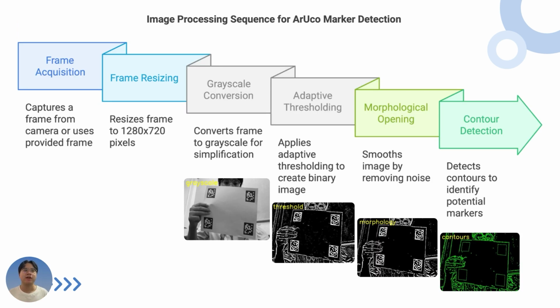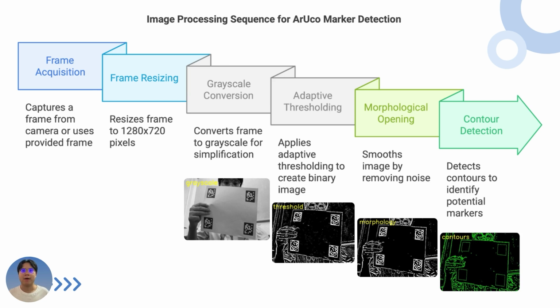Here you can see, first the app captures the frame from the camera or user. This is the provided frame from any camera the user chooses, and then we resize the frame to the size we want, and then we convert the frame to grayscale for simplification, as I said. After we convert to grayscale, we apply adaptive thresholding, and you can see that we can clearly separate the markers and the paper, because a binary image is just 1 or 0.